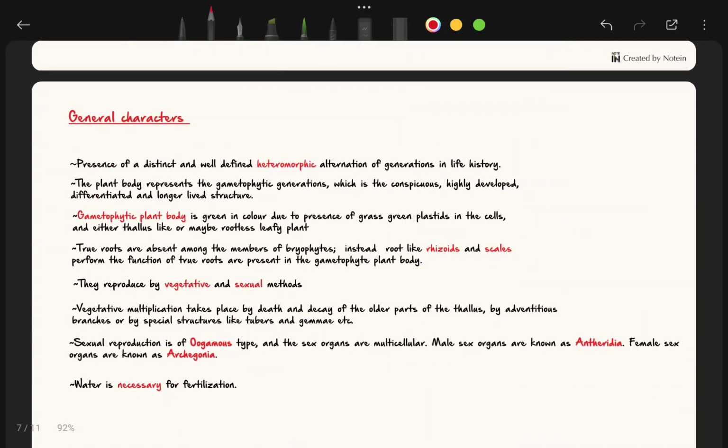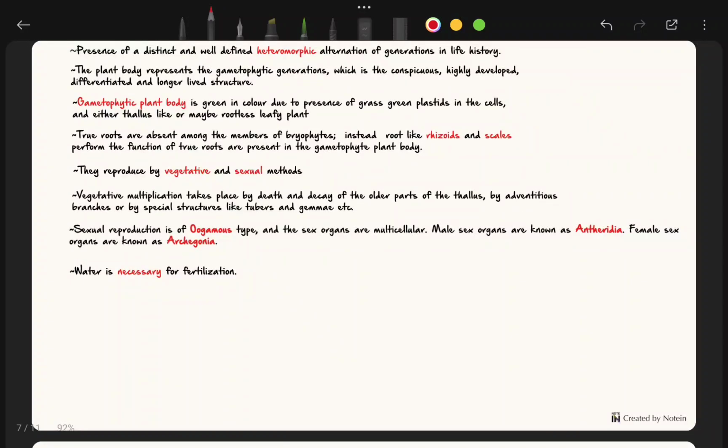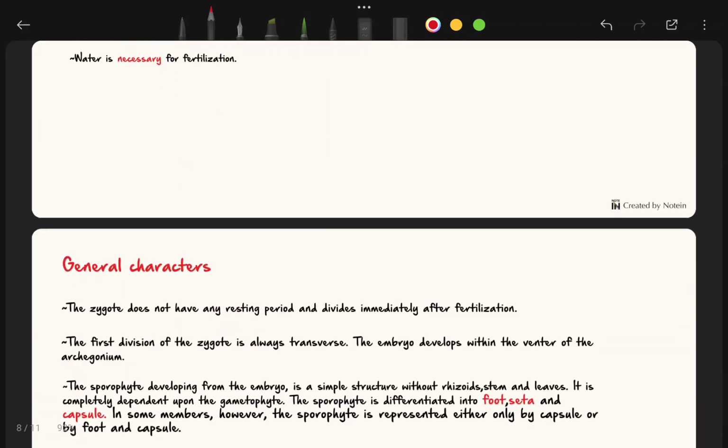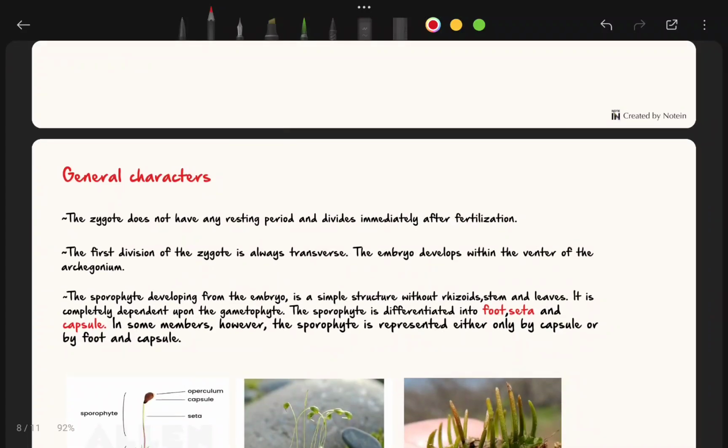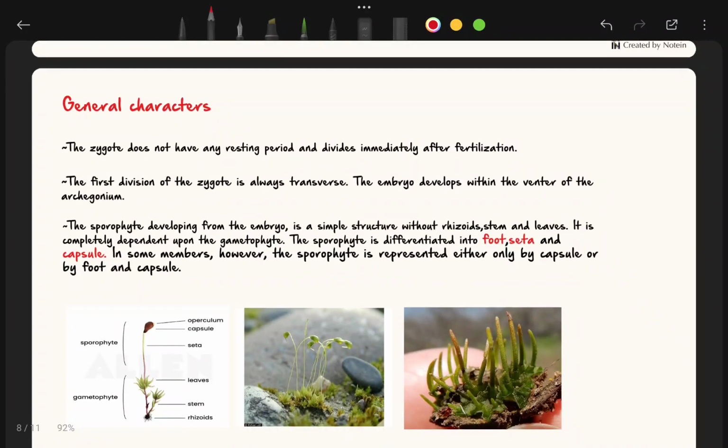The next point is that water is necessary for fertilization. We have done this. Once the male gamete and the female gamete undergo fertilization, this gives rise to a structure known as the zygote.